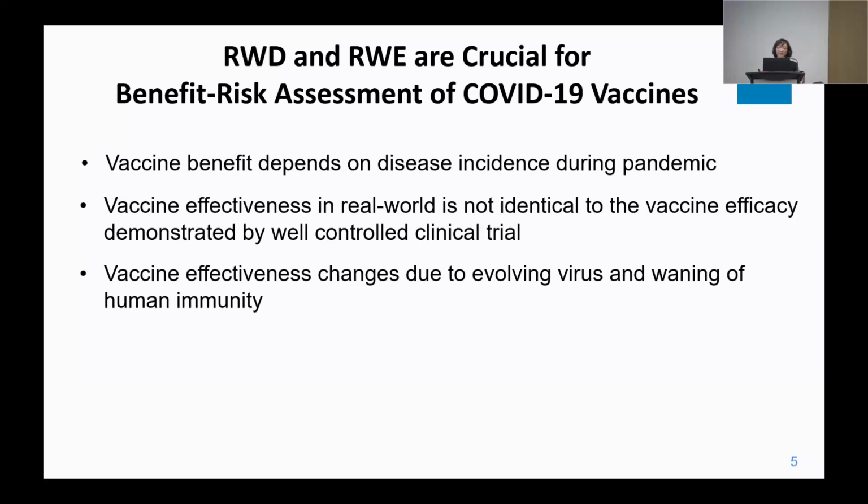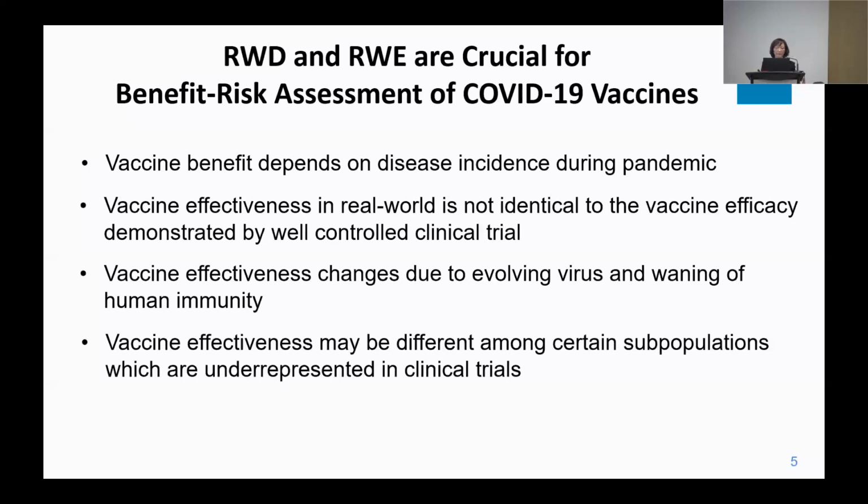Vaccine effectiveness could change due to the continued evolving of virus strains, and also the waning of human immunity to protect from the disease after getting vaccinated. And vaccine effectiveness may be different among subpopulations, and some of them may be underrepresented in the clinical trial.